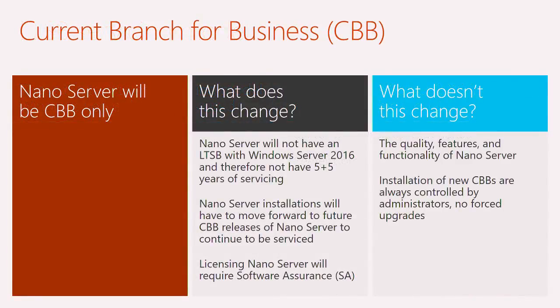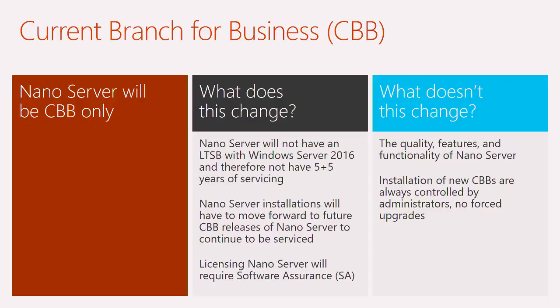What we are saying with Nano Server is we're going to be releasing frequent entire updates to Nano Server. And when I say frequent, I mean every 6 to 18 months or so. Think about that sort of window. And we will support the current version of Nano Server and the previous version of Nano Server.